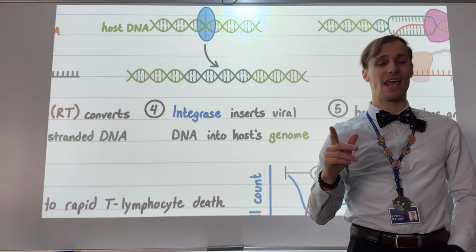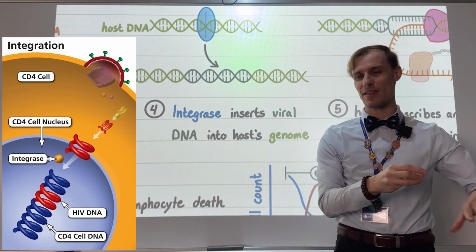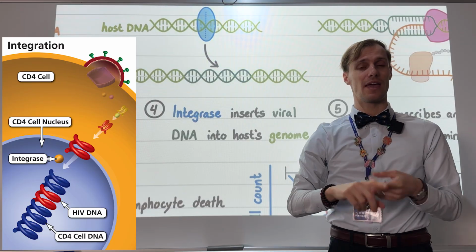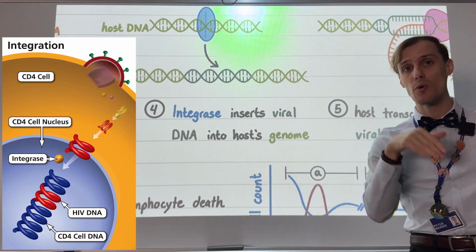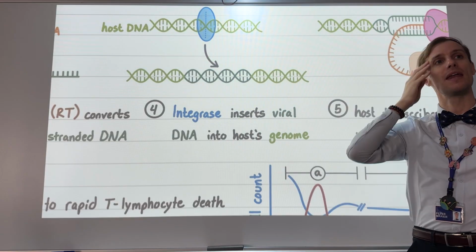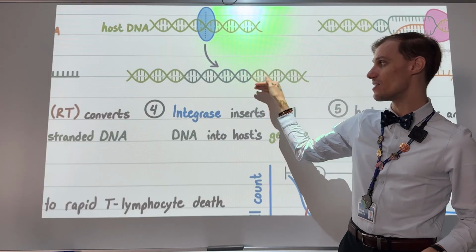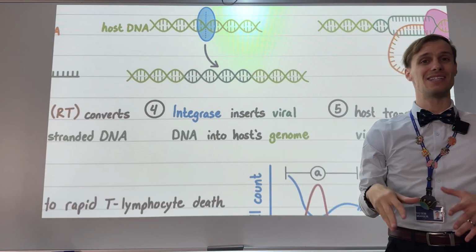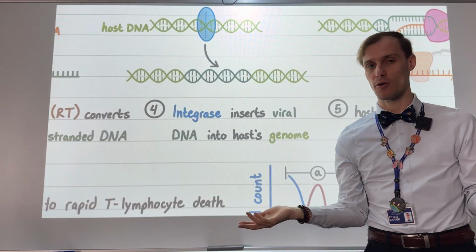After that, they have another enzyme that they come packaged with called integrase. And again, this name is quite intuitive. It allows this double-stranded viral DNA to integrate within the host's DNA. Now a portion of the helper T lymphocyte's DNA has this new section that contains genes that are going to be able to code for more viral proteins.